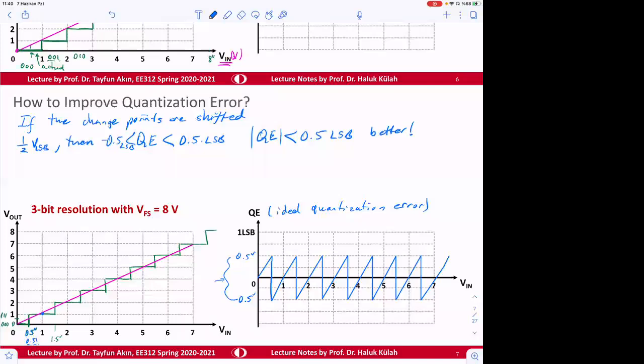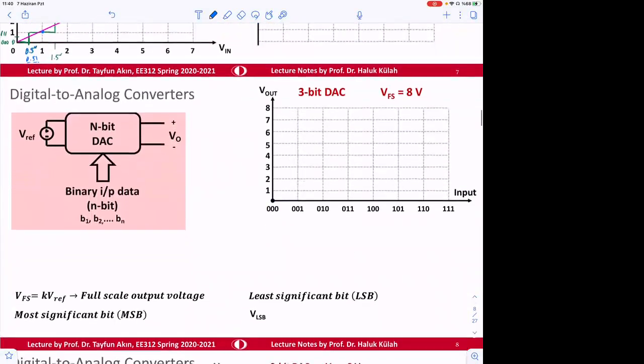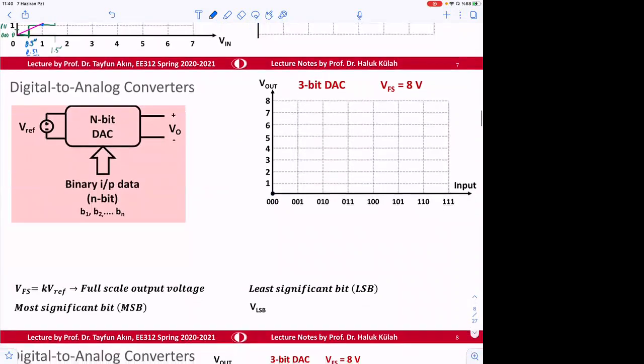Okay. So let's see, shall we continue or give a short break here? Let's give a short break here, and then we will continue with this converter. So we'll be starting with digital to analog converters first, and then what is going to be the actual case, and how we can implement them, is also going to be a subject of this course.